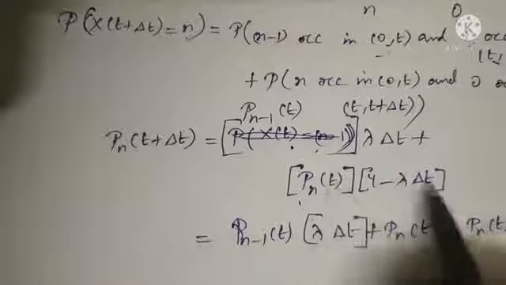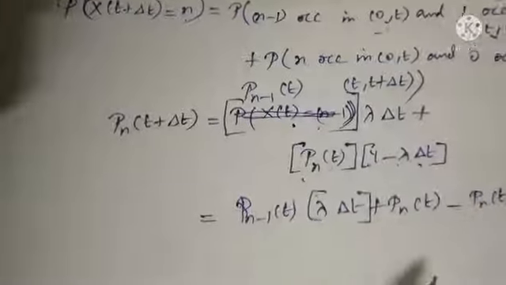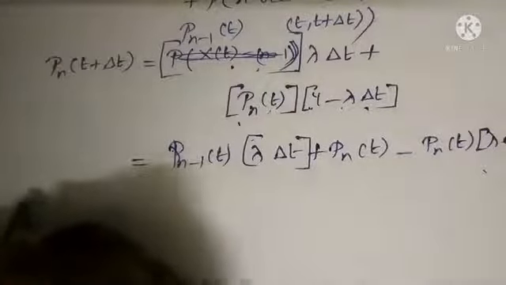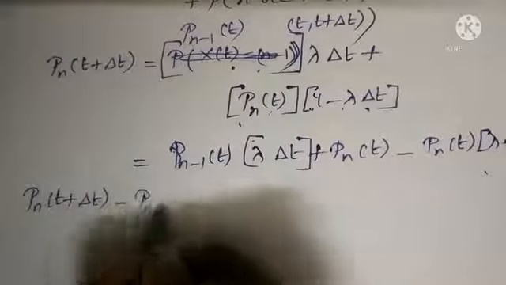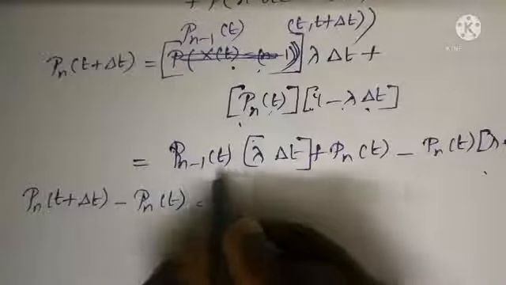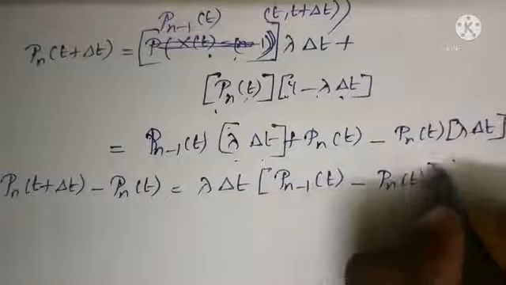Next step, Pn of t plus delta t minus Pn of t is equal to Pn minus 1 of t into lambda into delta t minus Pn of t into lambda into delta t, where I can take lambda into delta t common, hence Pn minus 1 of t minus Pn of t.